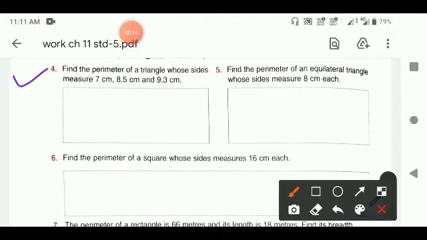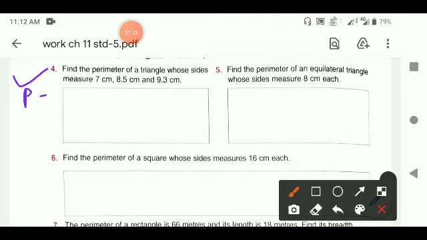Find the perimeter of a triangle whose sides measure 7 cm, 8.5 cm and 9.3 cm. Here all sides of the triangle are different in measure, so this is not an equilateral triangle. So we have to use the formula: perimeter of triangle is equal to AB plus BC plus CA.